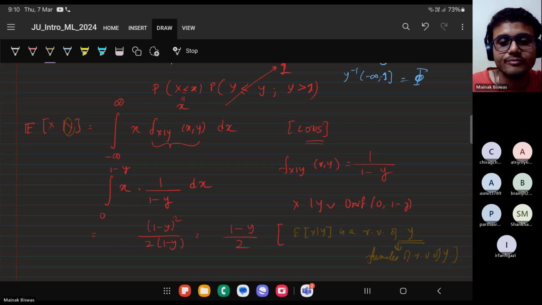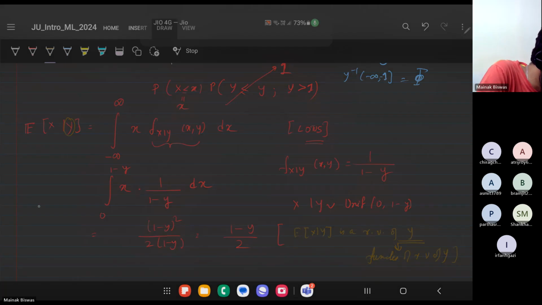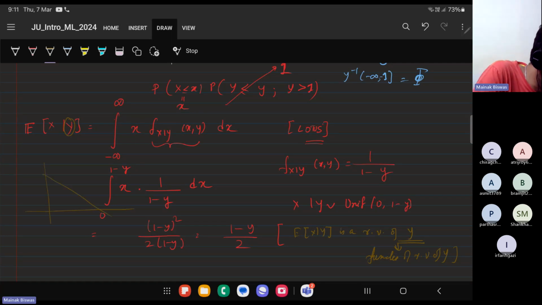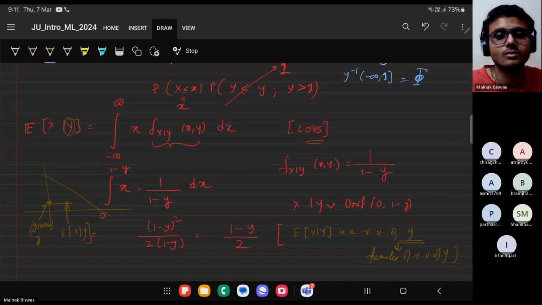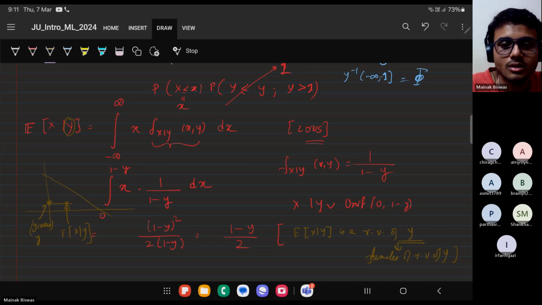It's not a number. Because y can change. I can change y, and depending on that, the expected value of x will change. Yes or no? For example, if I draw this, you see the intuition: I can give you this as the x or the y in this case, and this will give me the expected value of x given y, right? It will depend on y. Yes or no? Yes.